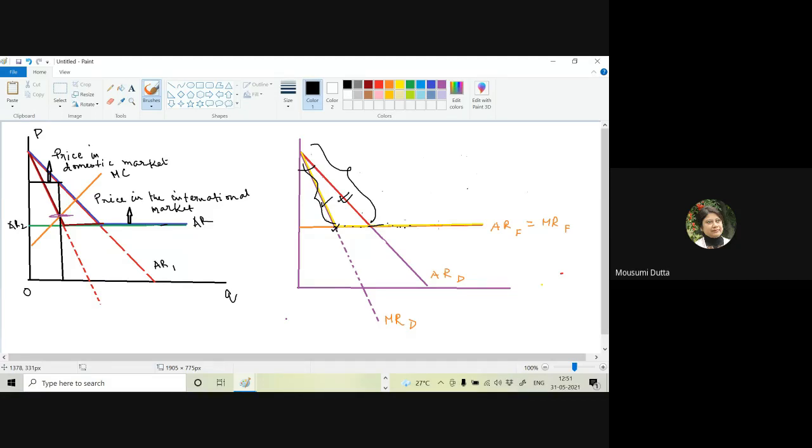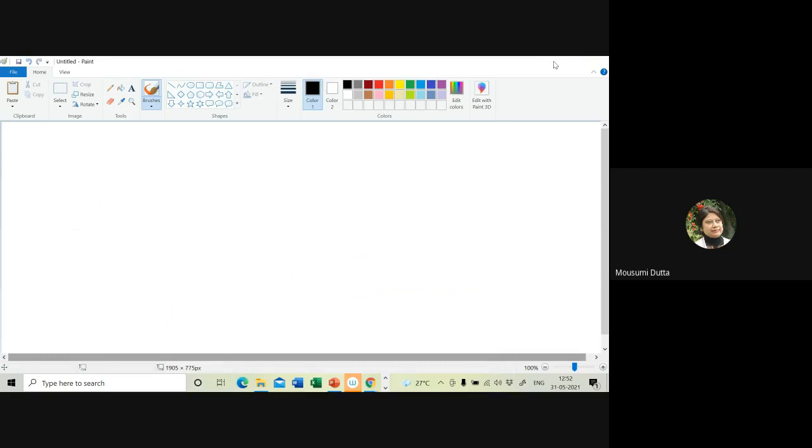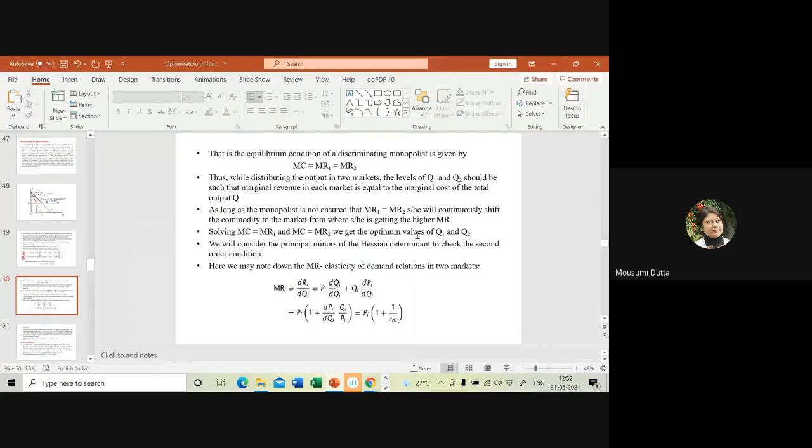Okay, now I have to bring MC here, and I have to find out how much will be sold in the domestic market, how much will be sold in the foreign market. So first you check that piece from Pindyck and Rubinfeld, third degree price discrimination, and next day I'll talk about this. I would like to complete the mathematical part.